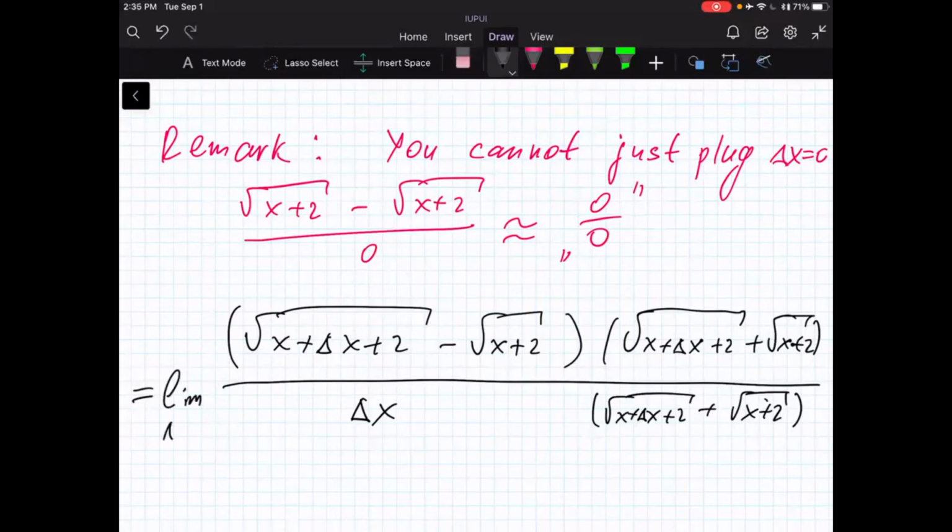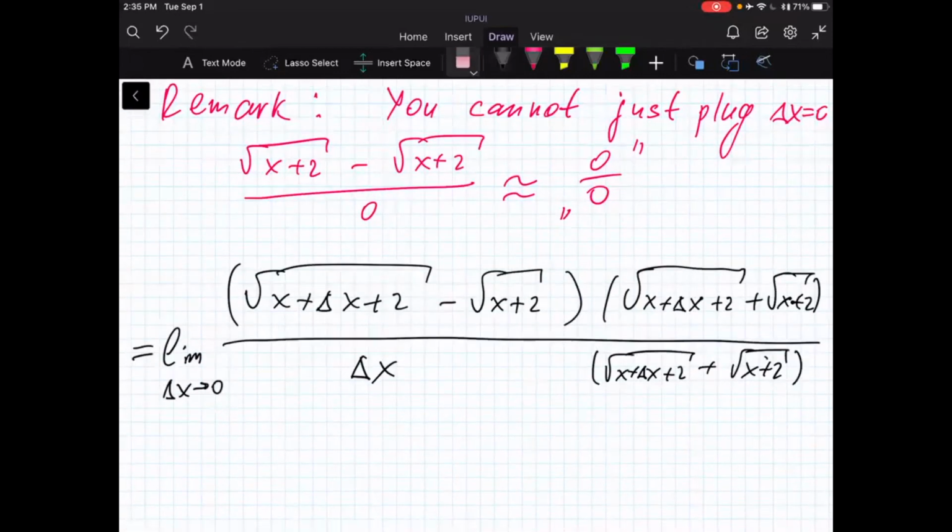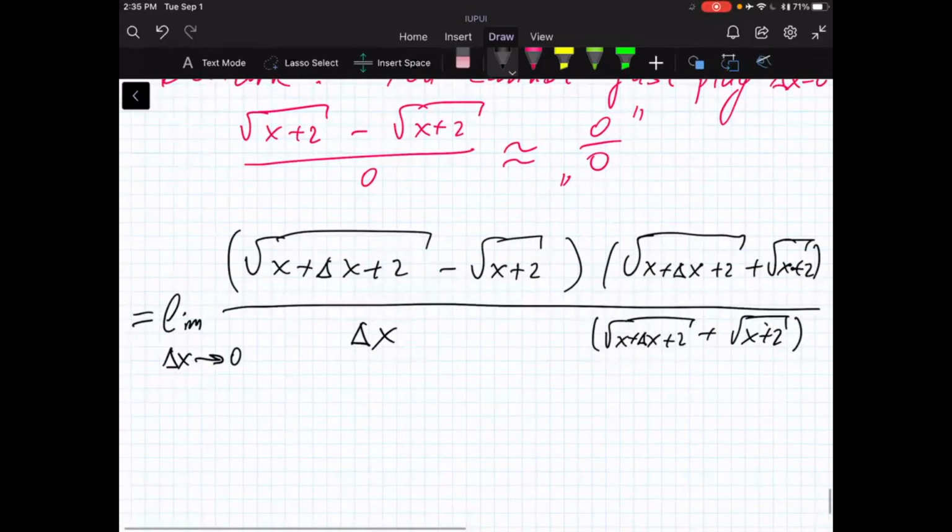So here is the limit when delta x goes to 0. Sometimes you can skip these limits when you write them many times, and it's understandable, and only write it at the end of your expression, but you should still write the limit sign.